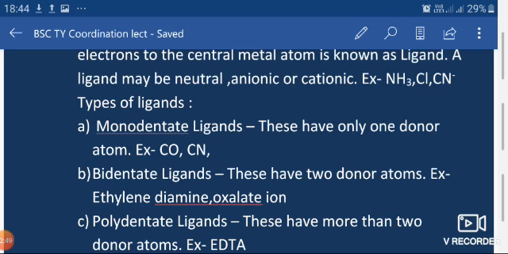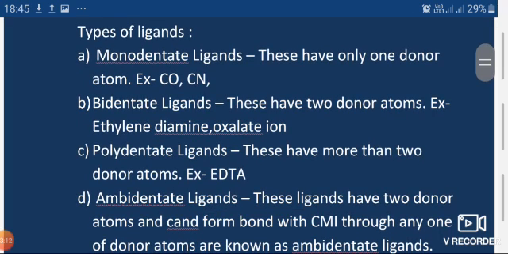For example, in case of H2O, only oxygen has 2 lone pairs of electrons that can be donated to the central metal ion, and one of the lone pairs is donated by the oxygen atom, so H2O is a monodentate ligand. Now the next is bidentate ligand.